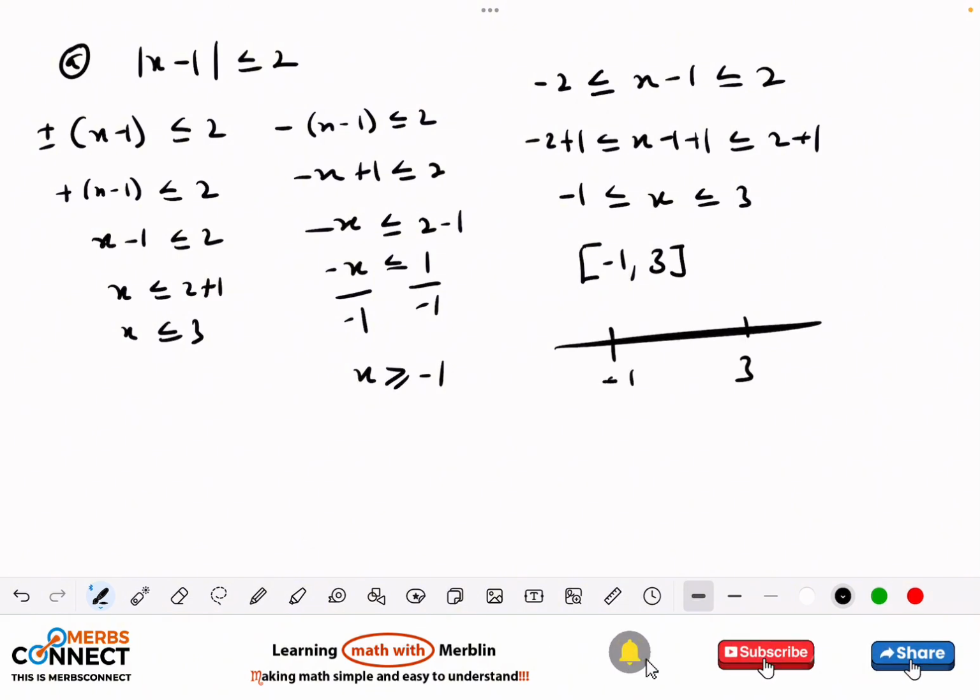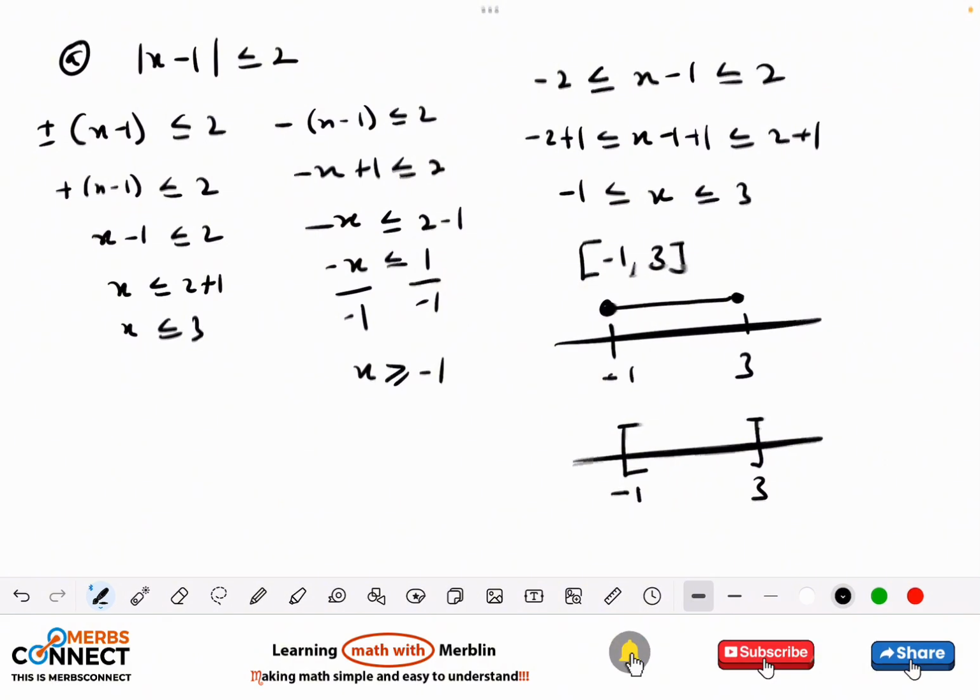You can choose to go with this, but since it's closed, we need to shade it. Or you can also choose to go with this, minus 1, 3. And since this is closed, you can just do it like this. It's also right. Good. So that is the idea.